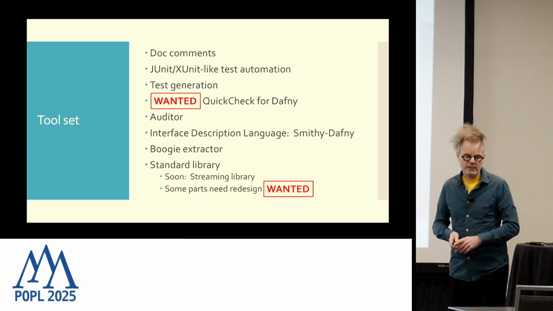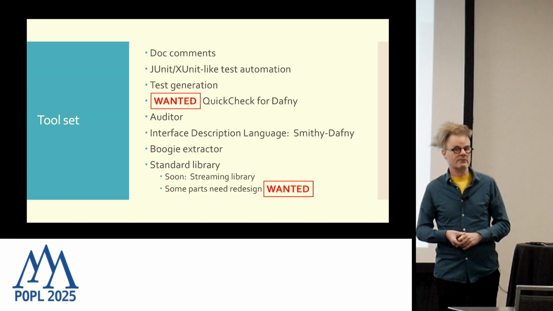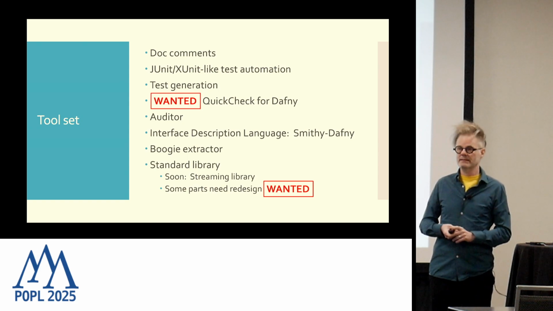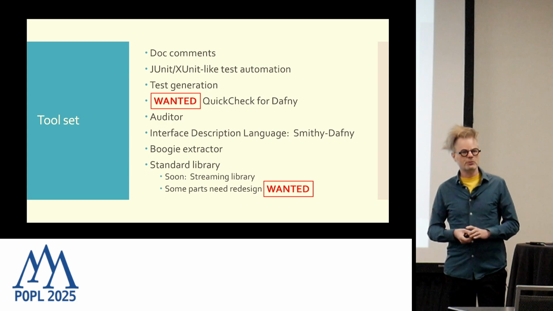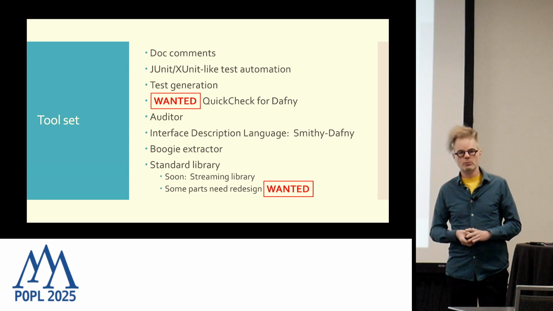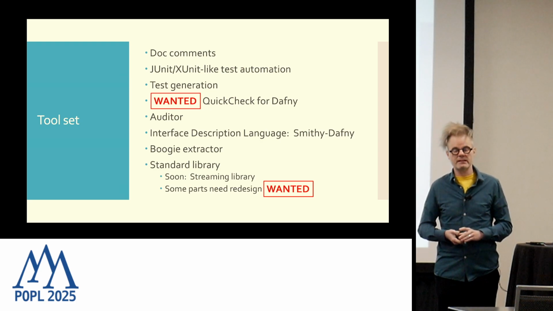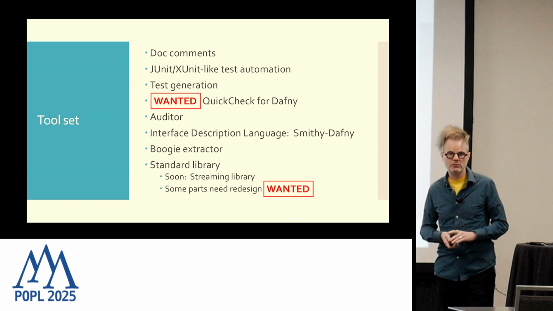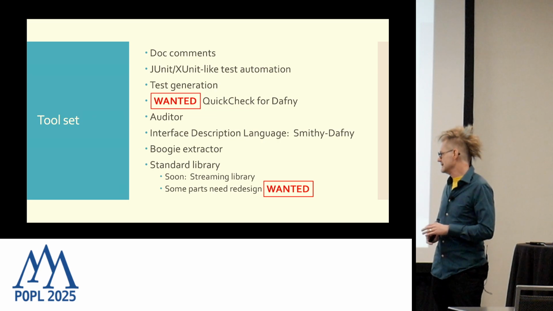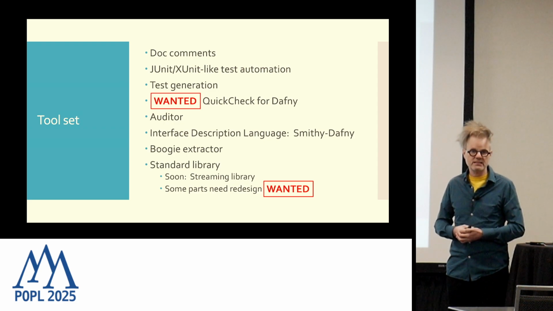There is a standard library, and Dafny is, this month, I think 17 years old, which is staggering for me to think about. You would think that a language that's 17 years old would have a huge standard library, but that's not the case. There is one that's small, and there are a number of parts in it that, when you try to use them, are really not so great, and they don't show the best Dafny style.